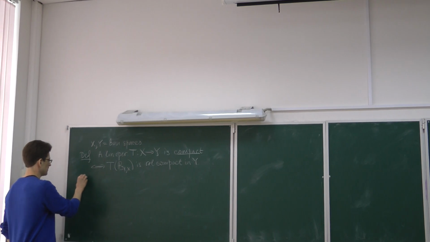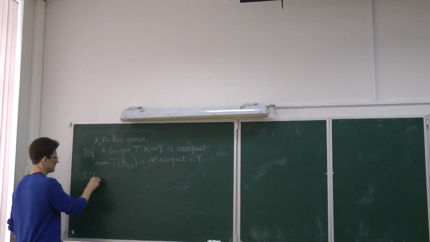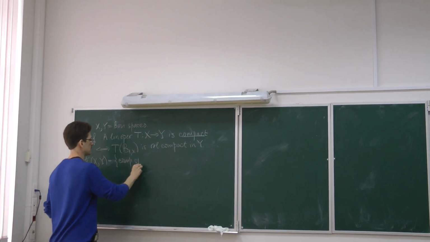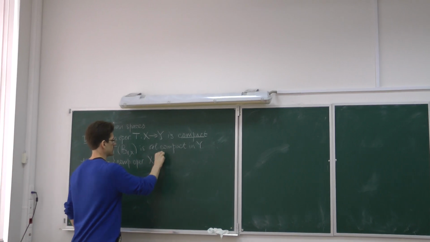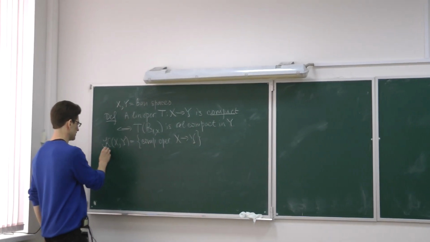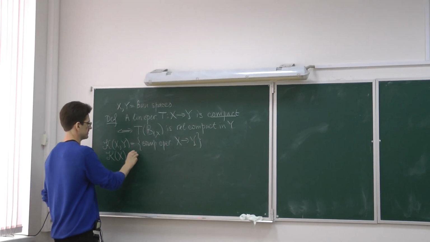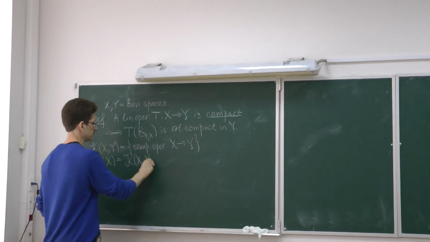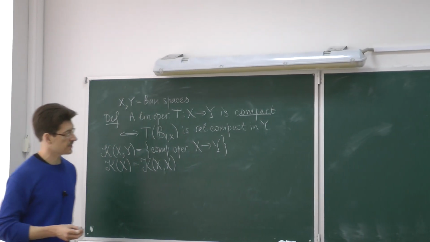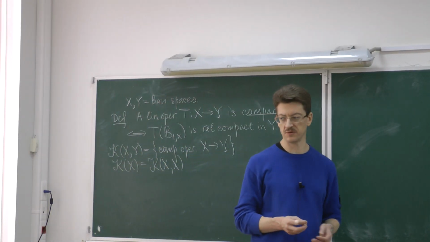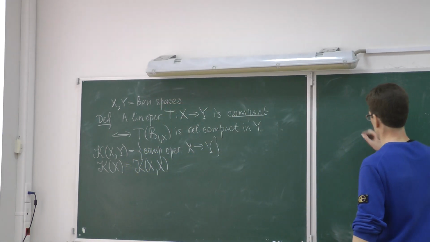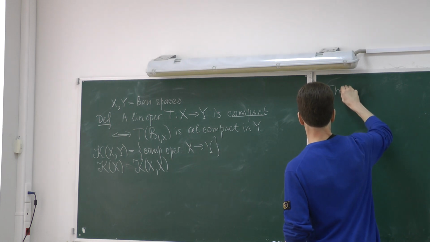The set of all compact operators from X to Y is denoted K of X, Y, and if Y equals X, then we write just K of X. At the previous lecture I stated a theorem about basic properties of compact operators, but I had no time to prove it, so let's now recall the statement and let's prove this result.